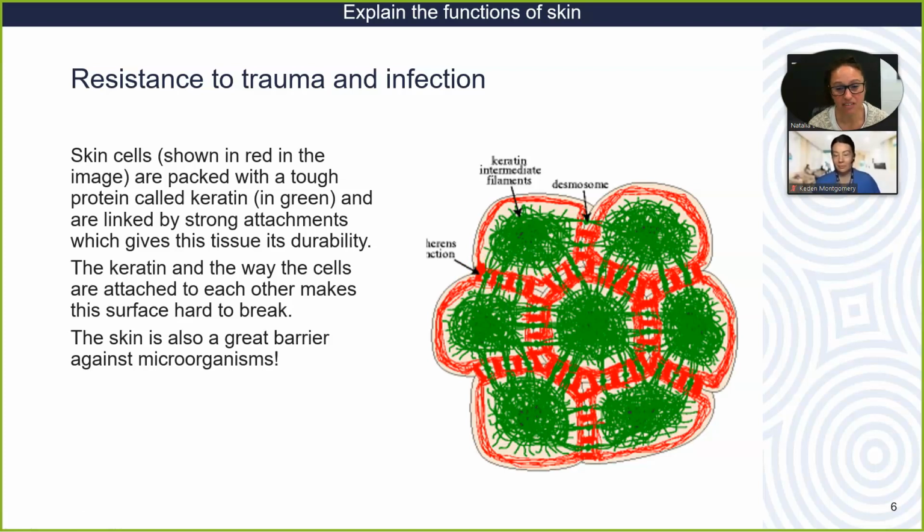Skin cells have a protein in them called keratin, which makes these cells really tough and hard to break. So when you think about skin, it's like tiles on a roof.